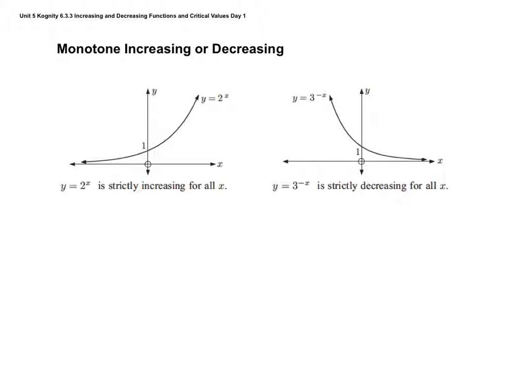Another term that you can use here is strictly increasing or strictly decreasing. You can see here the two examples that you're given are exponential functions. You have an exponential growth and an exponential decay function there. Logarithmic functions fall into this category. Strangely enough, the tangent function, if you think about it, tangent looks like this.